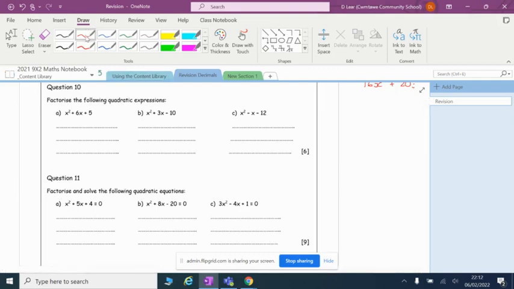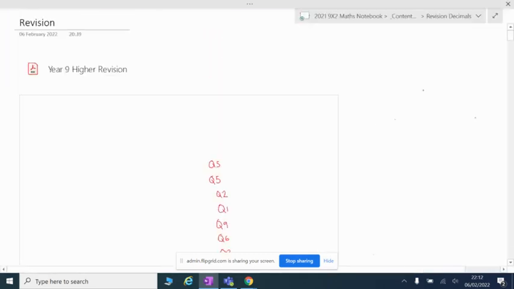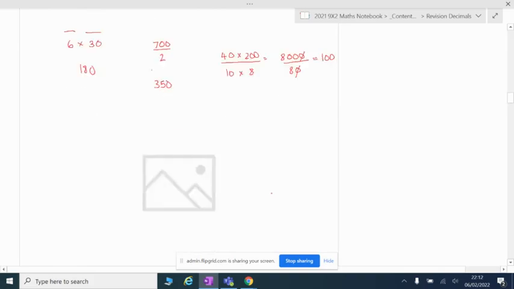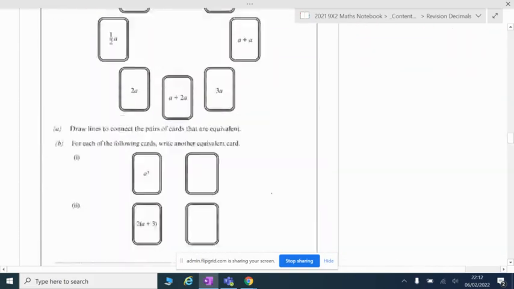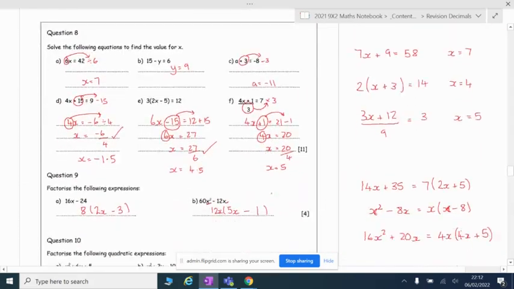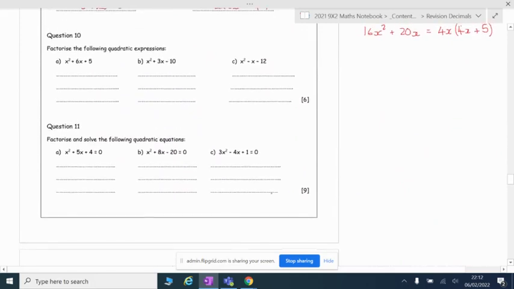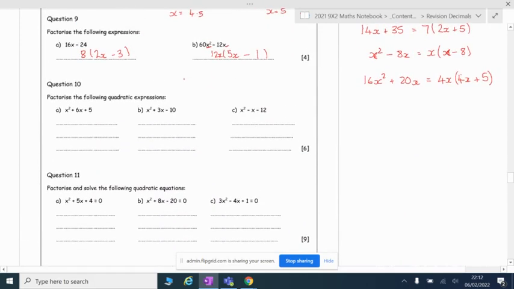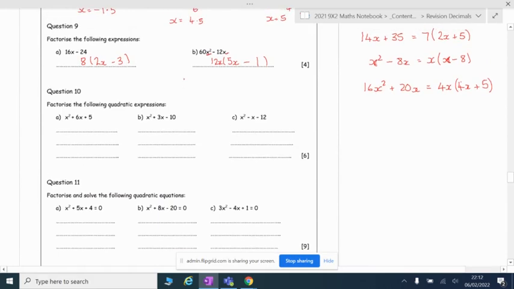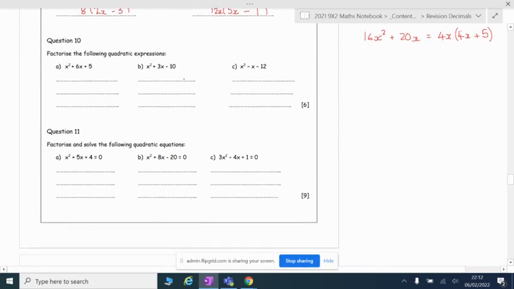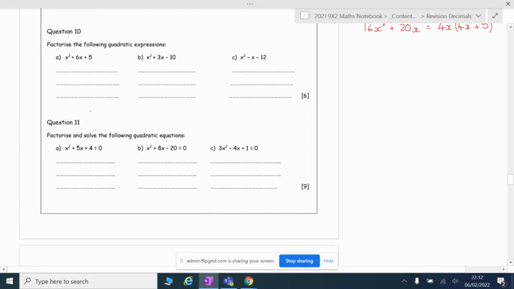Back to this. Let's full screen this. So if you remember rightly, as opposed to factorizing into a single bracket, which is question 9 there, which you should see in video 3, this is quadratic equations. They're going into double brackets.